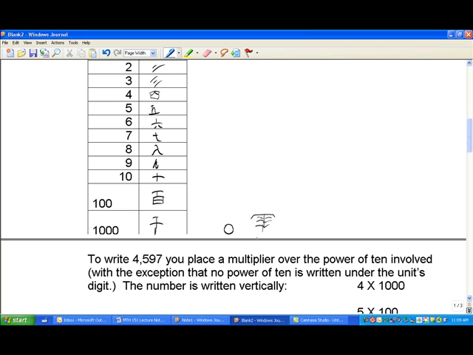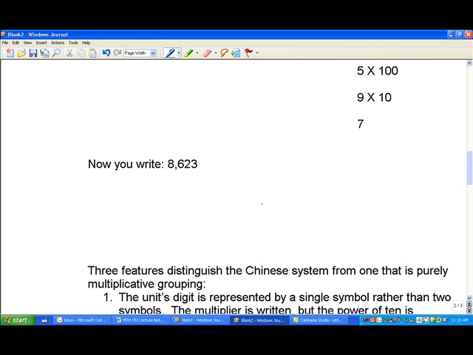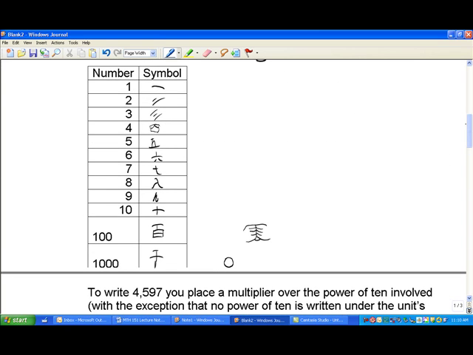Okay, and then it goes into a little curl, and it looks kind of like a P that's on its side.